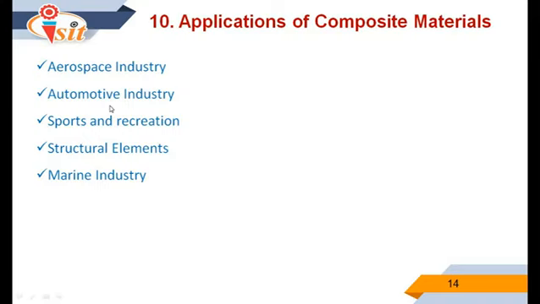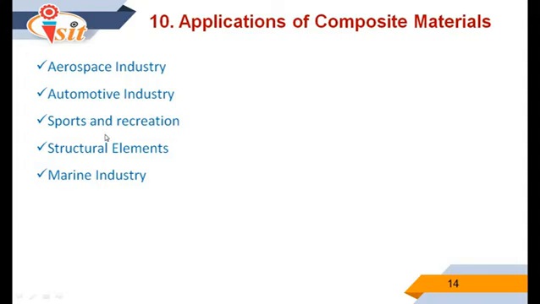Then nowadays in the automotive industries, when we manufacture sports cars, or even EV cars, the weight is very vital, and the reduction of the weight is quite important, and that's why in such automotive industries also the composite material is preferred.